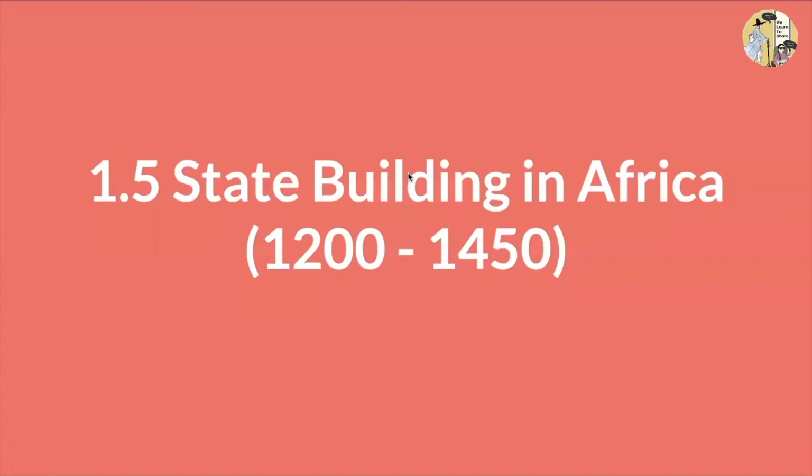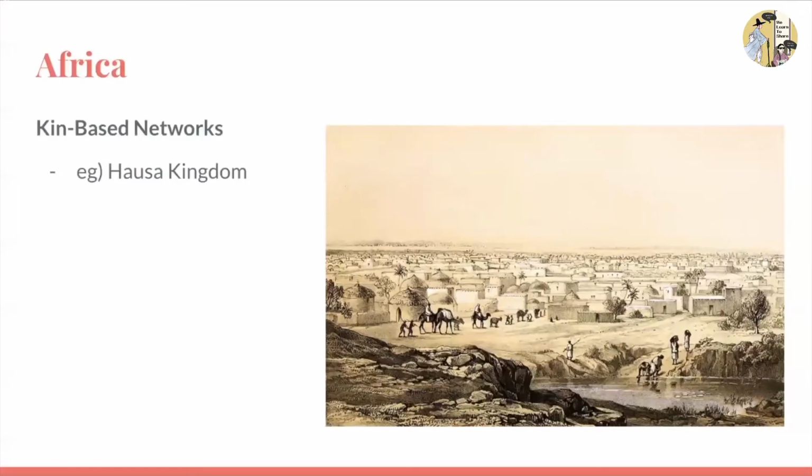Now we will be moving on to Section 1.5 of Unit 1, which focuses on state building in Africa from 1200 to 1450. By the year 1000, rather than using centralized governments, which are governments that have power concentrated at the higher level, Africa was organized into kin-based networks.